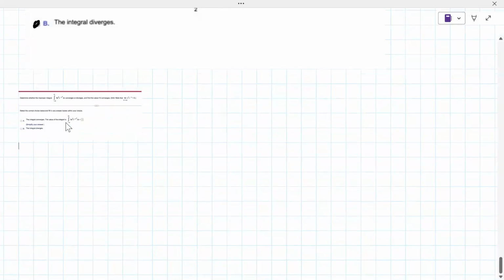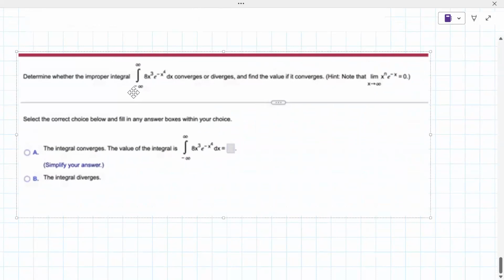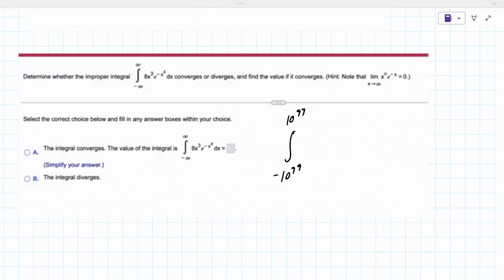Right. So the next one here, you can see you have issues on both ends. We have -10 to the 99 and 10 to the 99 on both ends. Put this in your calculator here. I believe this works out to a nice number.